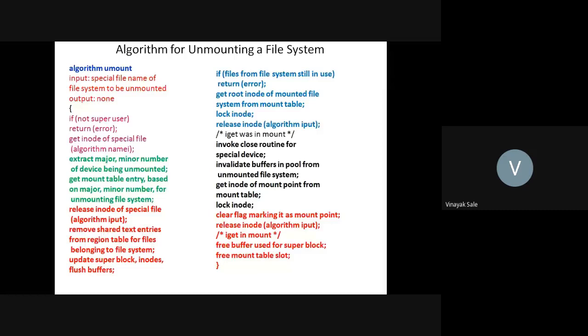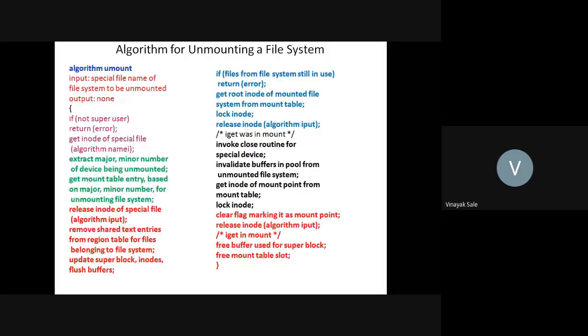Invoke the close routine for the special device. Invalidate buffers in the pool from the unmounted file system. Get the inode of the mount point from the mount table. Lock inode. Clear the flag marking it as a mount point.